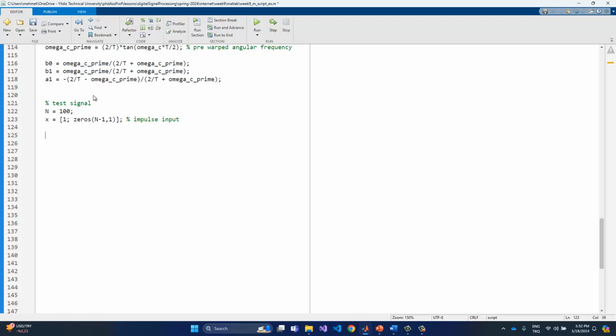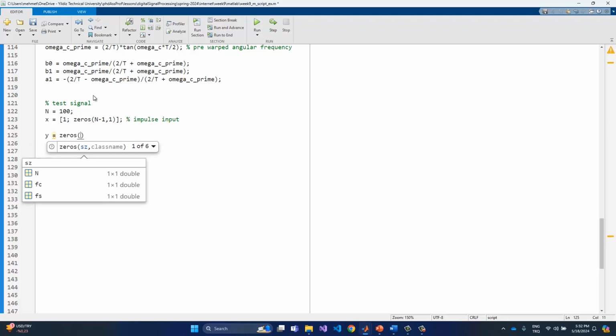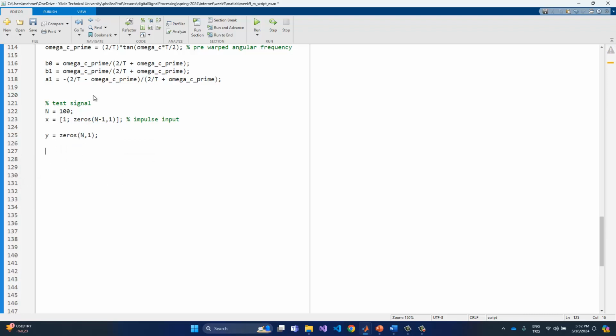For this case, y can be created by pre-allocation of these terms, and for n equal to 2 to N, y[n] can be equalized to b0 times x[n] plus b1 times x[n-1], this is the index of these terms, minus a1 times y[n-1].